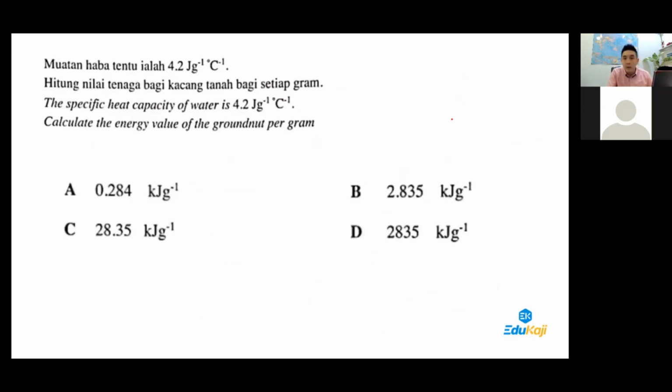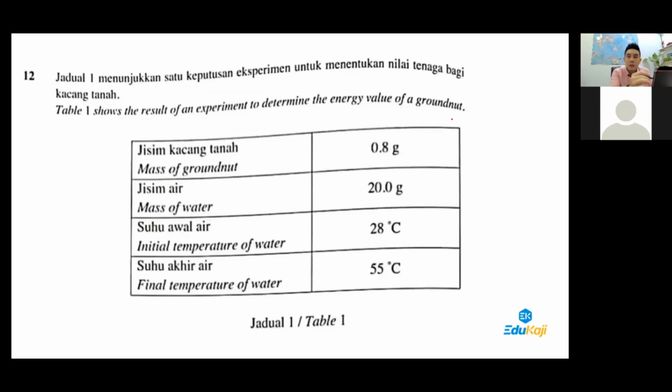This question here is to do with energy value. You have to memorize the energy value formula. I normally simplify it so that it's easier for students to remember. By the way, they don't provide you the formula. So mass of water multiplied by increase in temperature multiplied by 4.2 divided by mass of food.